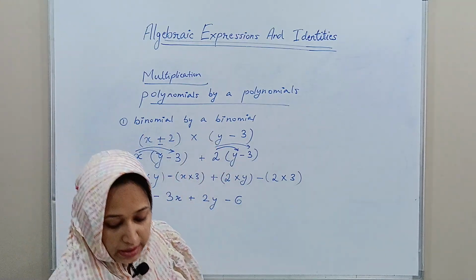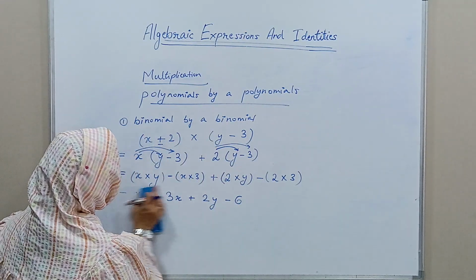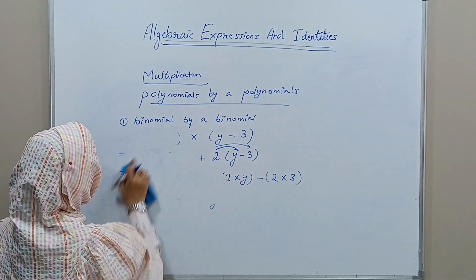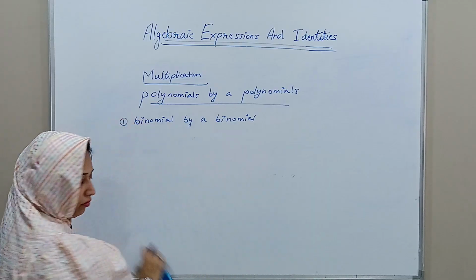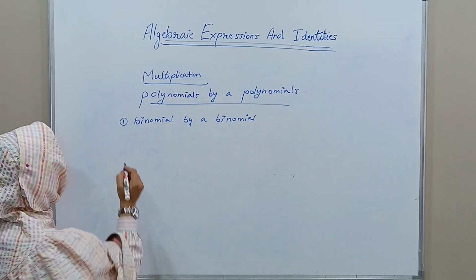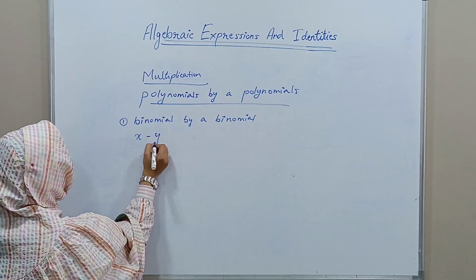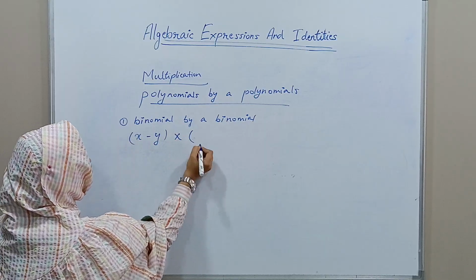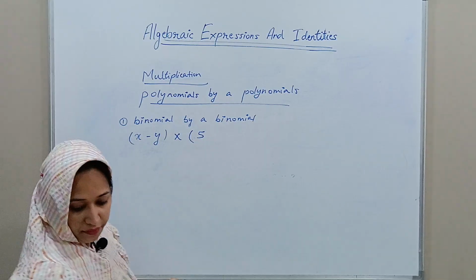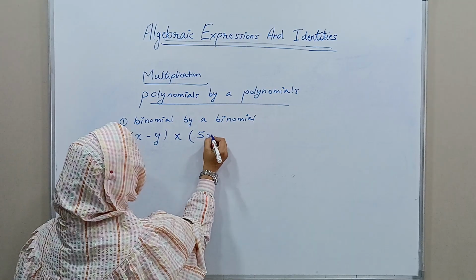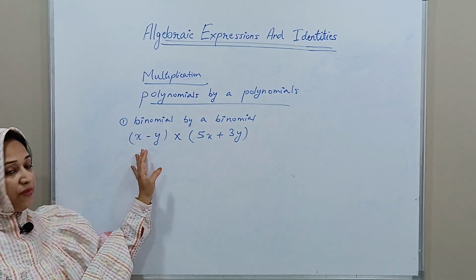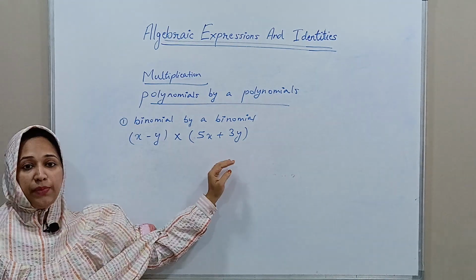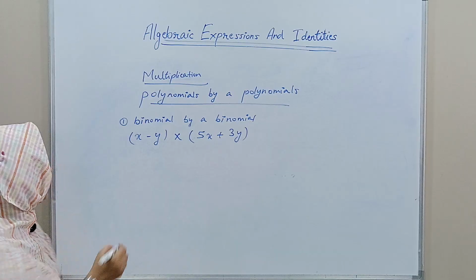Let us take one more example. Suppose you have x minus y into 5x plus 3y. So we have a binomial x minus y and another binomial 5x plus 3y.